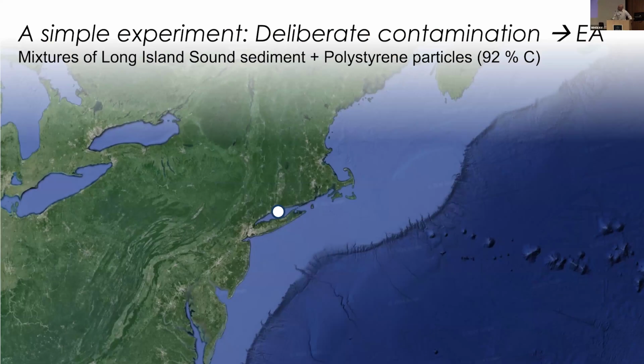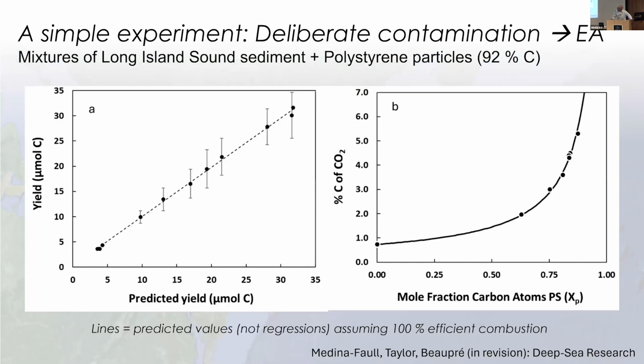So the simple experiment that Luis performed is he took sediment from Long Island Sound that had been decarbonated and polystyrene particles, which are about 92% carbon by mass, and mixed them in various proportions and put them in the EA to see how efficient this process was. I'm just going to walk you through a few of the results here.